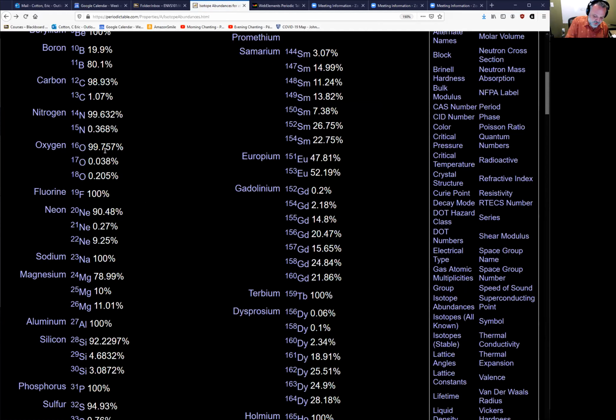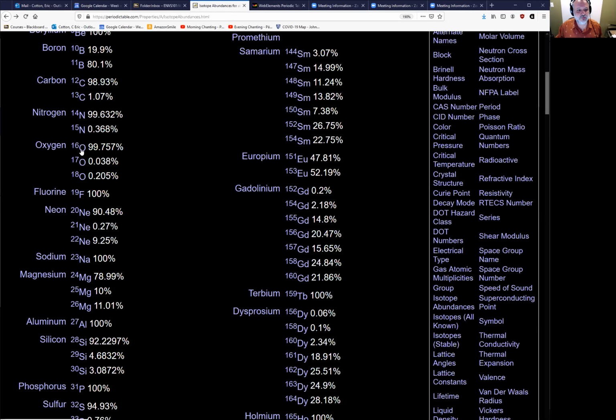And so let me write down the different isotopes on my whiteboard, and then we'll switch back to it in just a second. So oxygen 16 was at 99.757%. Oxygen 17 is at 0.038% abundance. And oxygen 18 is at 0.205% abundance.